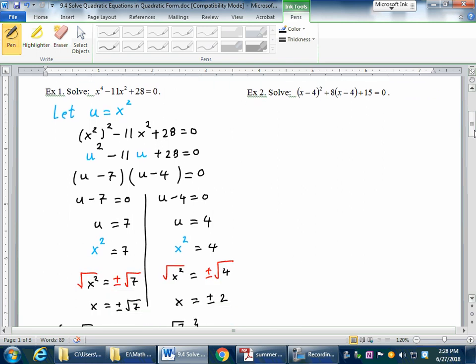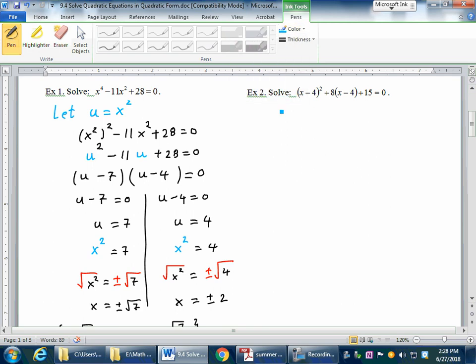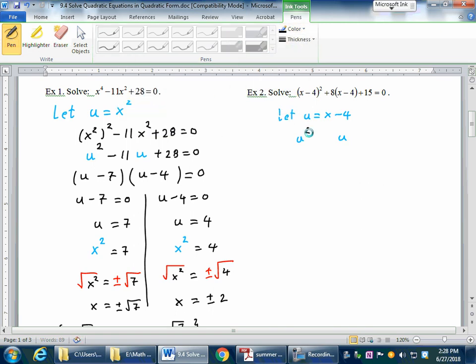So now, taking a look at the next example, I'm going to let u be equal to x minus 4. So therefore, the first term becomes u squared, and the second term becomes 8 times u plus 15 equal to 0.